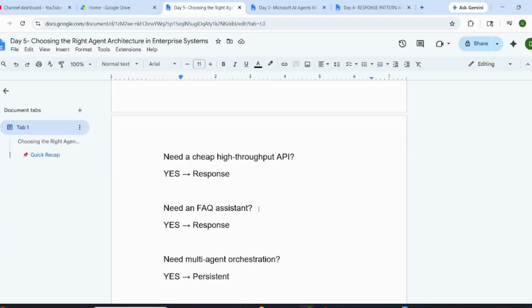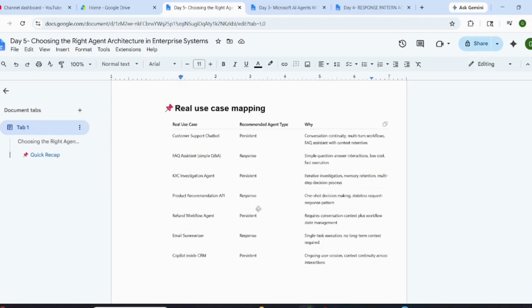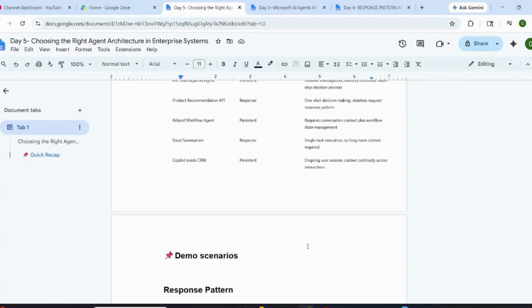FAQ: response pattern. Multi-agent like KYC: persistent. There are a few use cases like chatbot, FAQ, KYC, product, refund, email. You can see Copilot inside CRM is persistent, email summarizer is response, and refund workflow is persistent. This is just to give a glimpse of where you can use them.